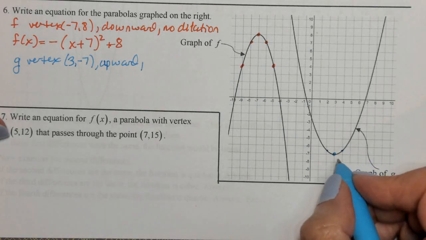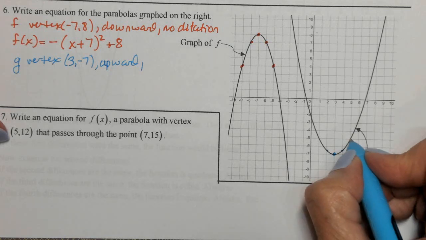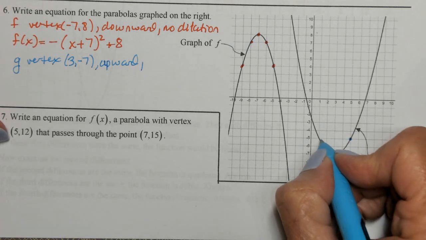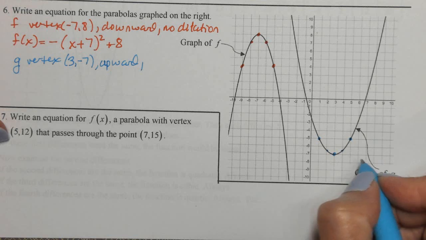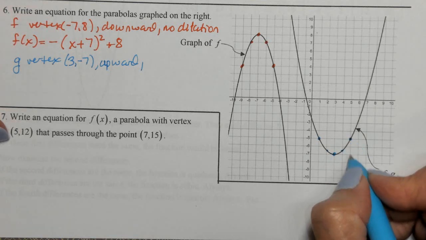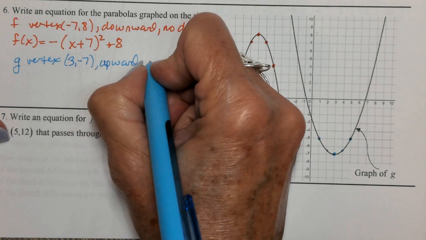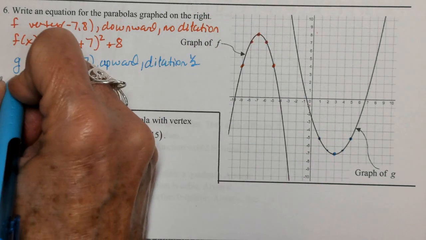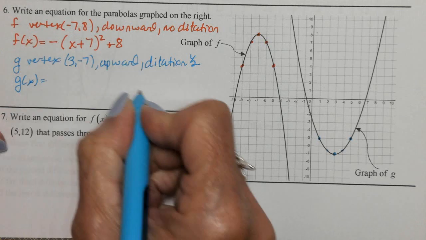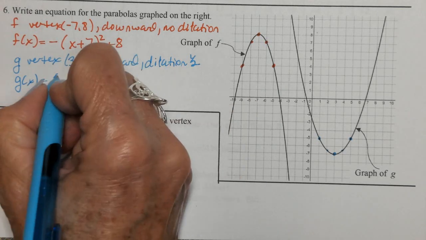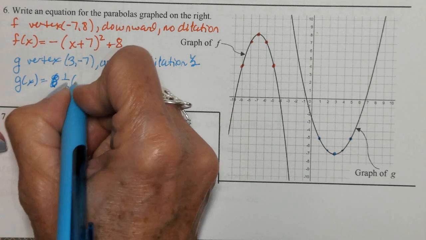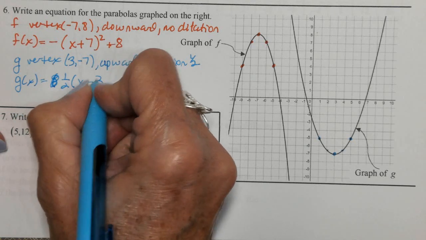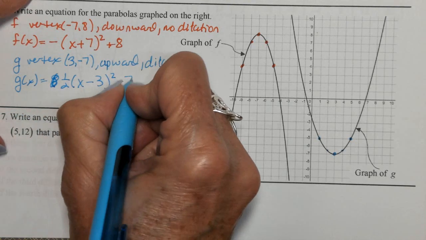Let's confirm that it's 1/2. If we go over 2, how far up do we go? Up 2. Yes. So we're going up half of what we should. So the dilation factor is 1/2. So G of x will be positive 1/2 x minus 3 squared minus 7.